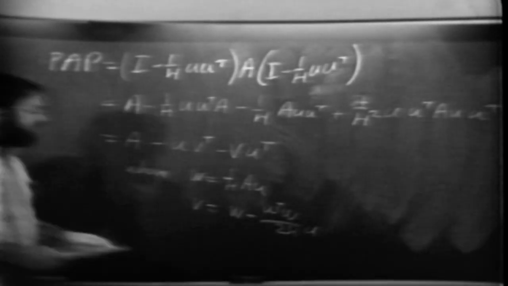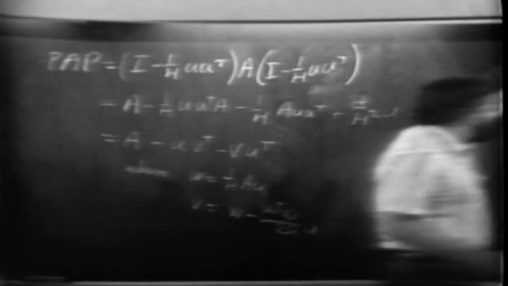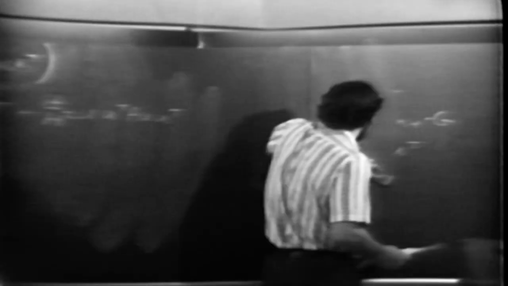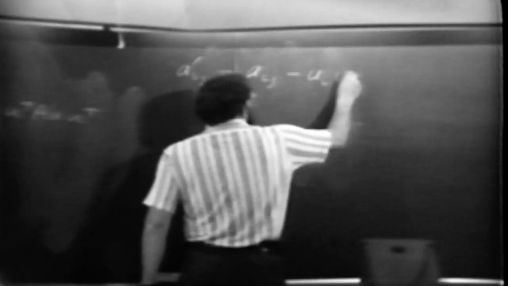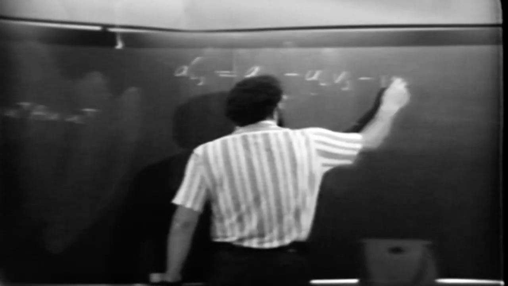This just says that we just have this Fortran statement. The new A_ij, let's say A_ij prime, is the old A_ij minus U_i V_j minus V_i U_j.